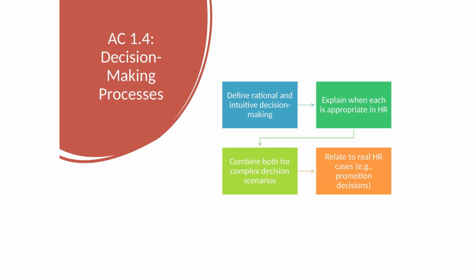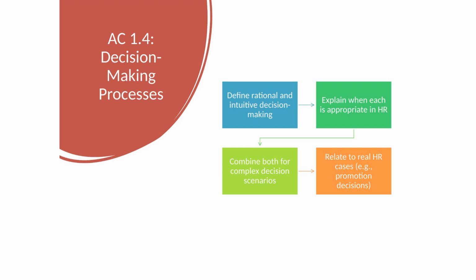AC 1.4 requires understanding two decision-making processes. Rational decision-making is structured and data-driven, used when time allows full analysis, e.g., implementing a new HRIS. Intuitive decision-making is based on gut feeling or experience, often applied in fast-paced or people-sensitive scenarios, e.g., conflict resolution.